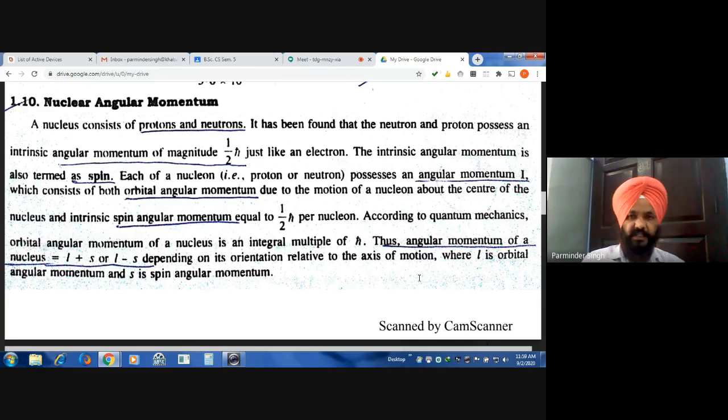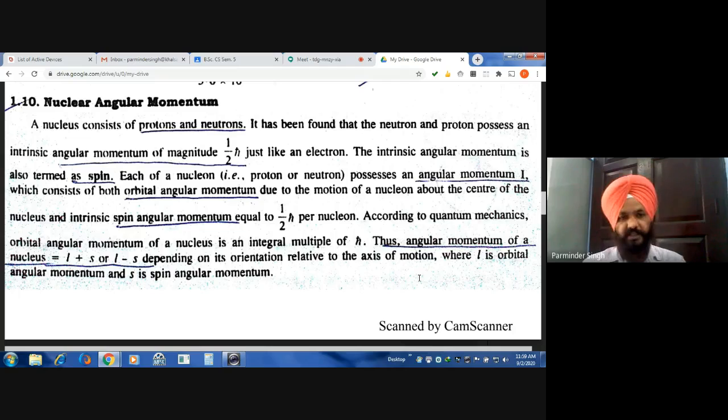So the total angular momentum I is always equal to the sum of the orbital angular momentum and the spin angular momentum. And spin angular momentum for a nucleon is always 1 by 2 h cross.